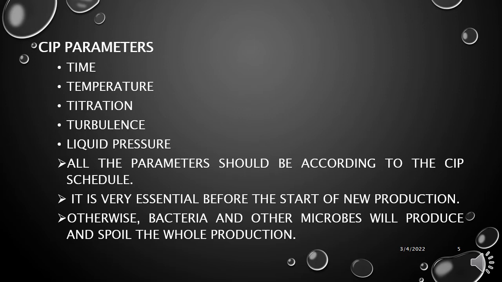So all the parameters should be according to the CIP schedule. The CIP process is very important after finishing one production and before starting a new production. Otherwise, as you know, bacteria and other microbes will grow and they will cause the spoilage of production. So in order to reduce or prevent the spoilage of production, we must use CIP after completion of production.